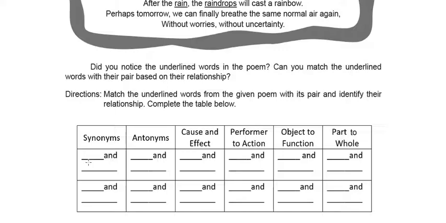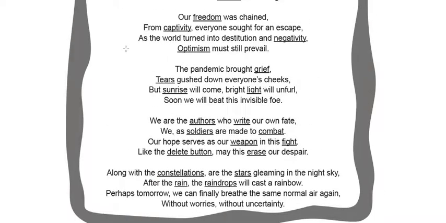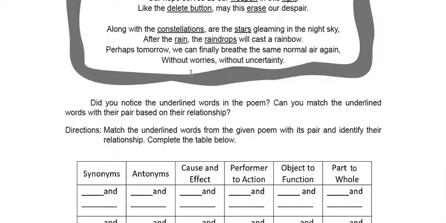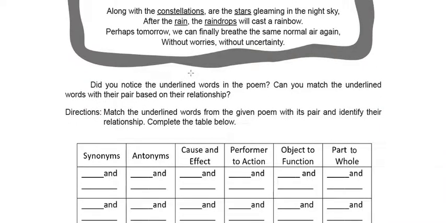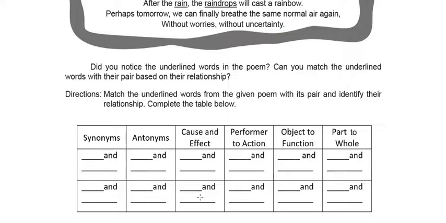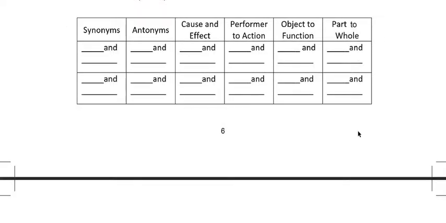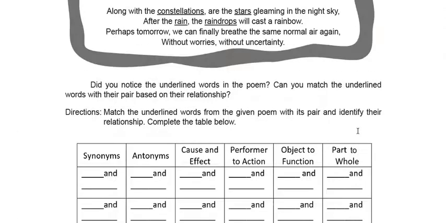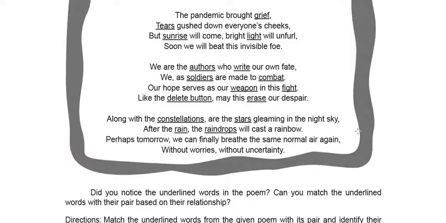So you need to find 2 pairs. Next, from these words, kindly look for antonyms. When we say antonyms, words with different meaning. And then 2 pairs for cause and effect, 2 pairs for performer to action, and another 2 for object to function, and the last one, another 2 for part to whole. Okay, so that will be the activity for today.